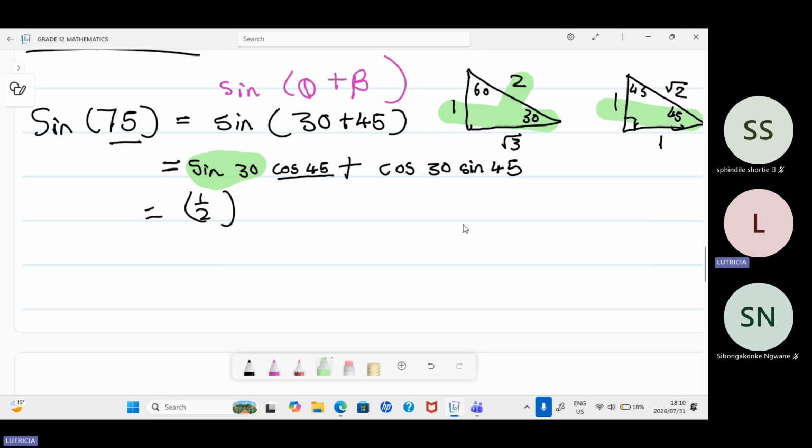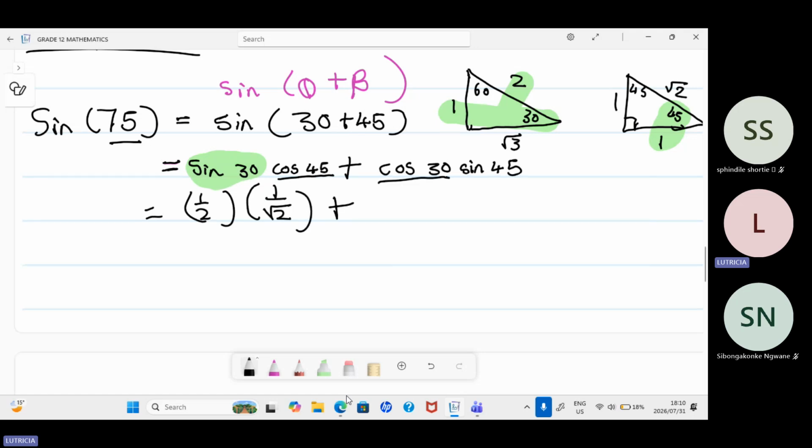So it's the adjacent over the hypotenuse, 1 over root 2, and then plus, and then we look for cos 30.